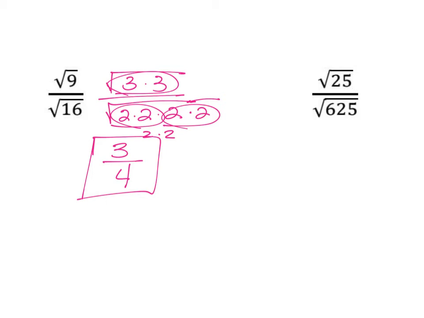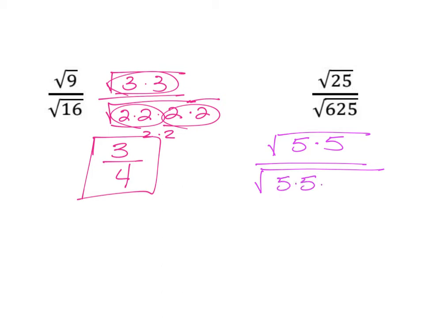All right, let's move on to the next one here. I'm going to stretch these two out. So here for the numerator, I have 5 times 5. And the denominator is going to be a little bit longer: 5 times 5 times 5 times 5, okay? So in this case, what we are going to do is cancel ones.